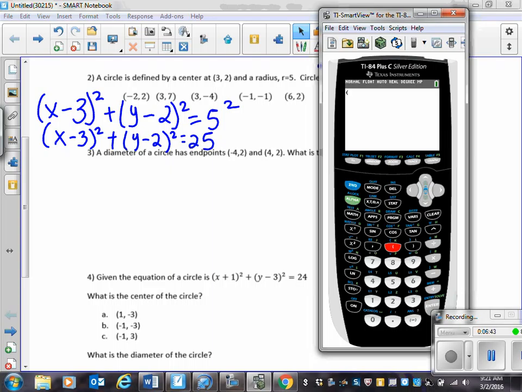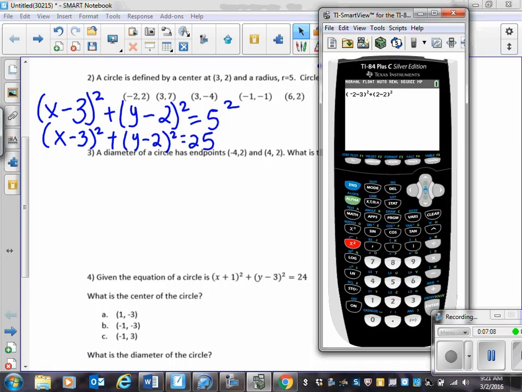So the equation is x minus 3. I'm going to do the first one, which is negative 2, positive 2. So I'll put negative 2 minus 3 squared plus, open parentheses, y is 2 minus 2, close parentheses, squared, and I press enter.